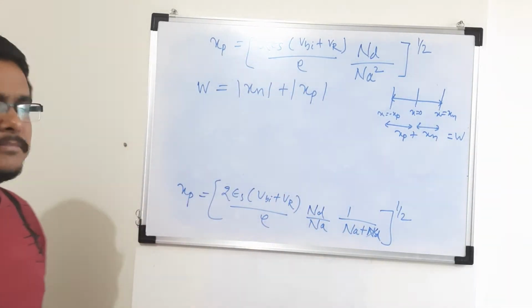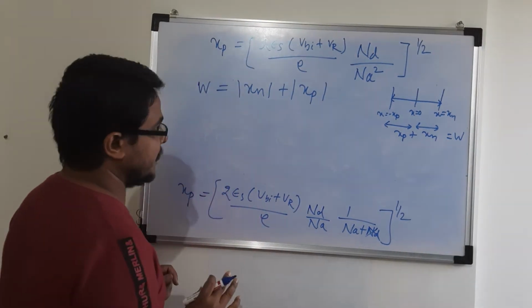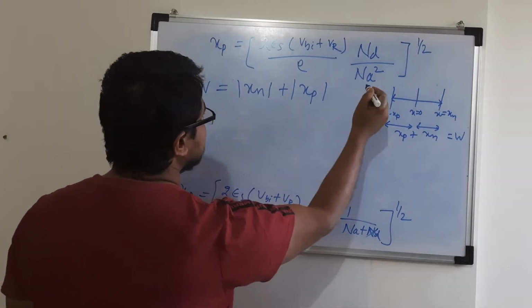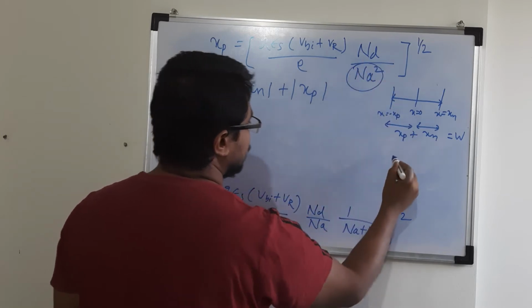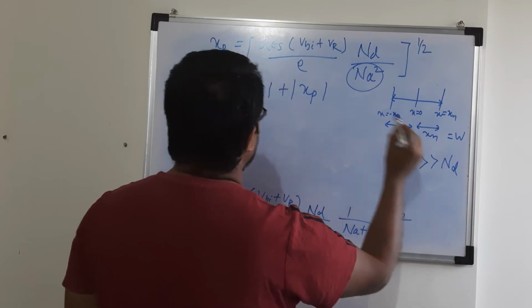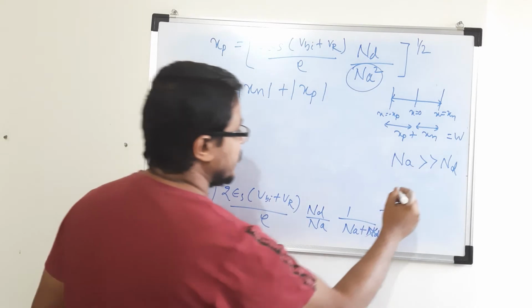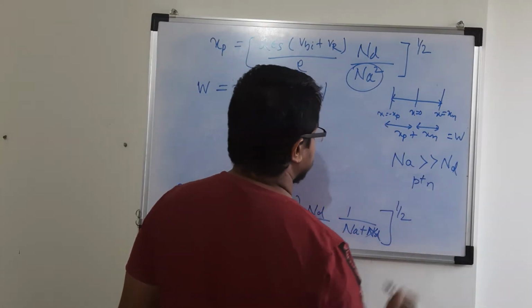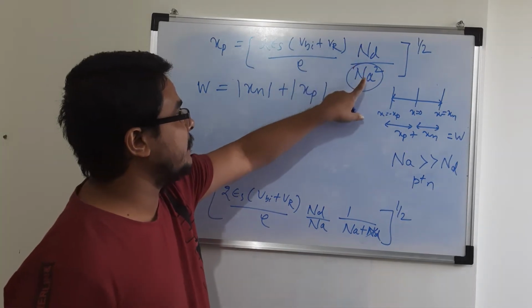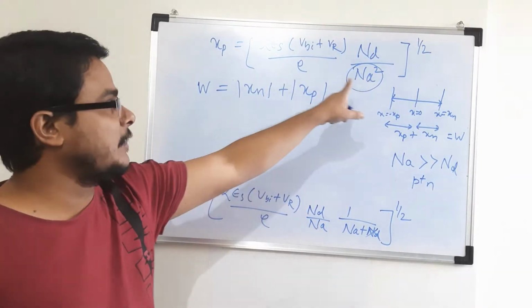So simple here. Now if you see the values that we obtained for xn and xp, for xp only you can see you got a value of Na square. We know that Na is much larger than Nd in a p plus n junction. So if we take Na very large as compared to Nd, then this value will be very small.